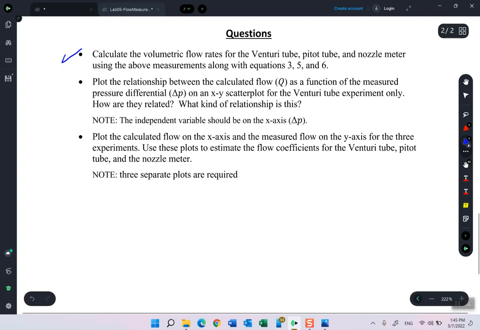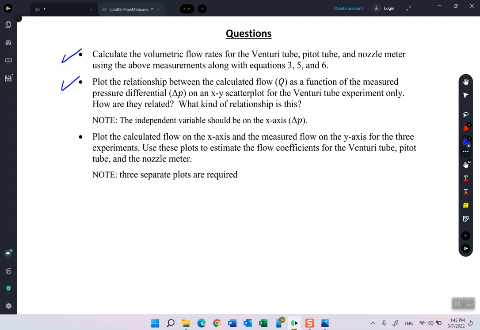While the second question asks you to plot the relationship between the calculated flow as a function of the measured pressure differential delta P on an XY scatter plot, and you will do that only for the Venturi tube experiment. There is no need to do that for the 3 experiments.